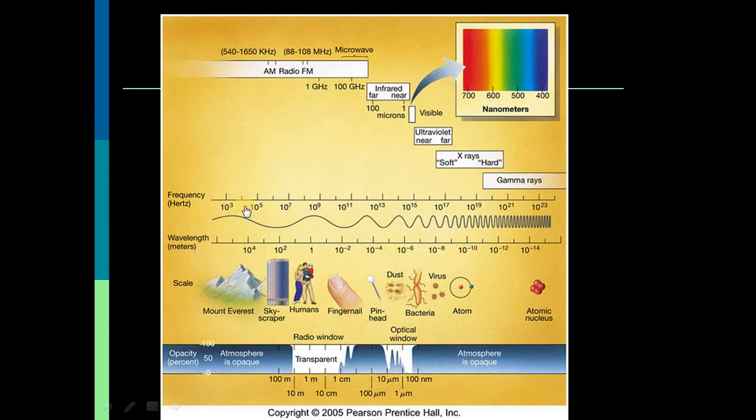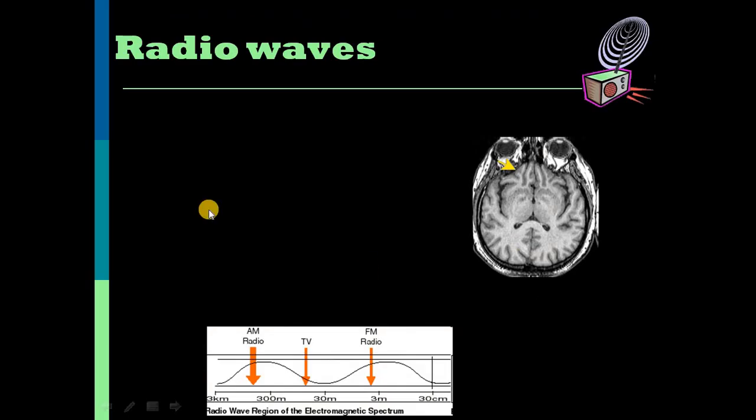If you see this higher part of the electromagnetic spectrum, the wavelength is very high, and that wavelength may be in the range of Mount Everest, and as you go in this direction the wavelength goes on decreasing: skyscraper, humans, fingernail, pinhead, dust, and it goes up to the atomic level. For gamma rays and X-rays, the wavelength is very small and comparable to atomic size, in the angstrom unit range.